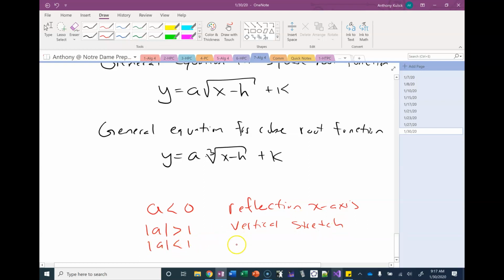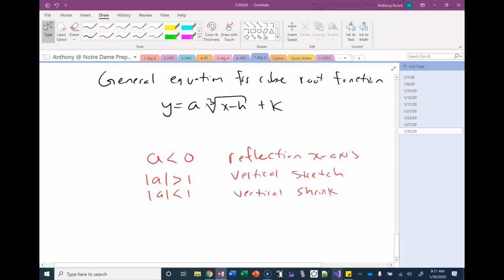And if the absolute value of A is less than 1, that'll give me a vertical shrink. Is this looking familiar here? Yes. These were things I think I asked you to memorize in first semester. Hopefully you still have them rattling around back there because they're going to come up again in the next several units.